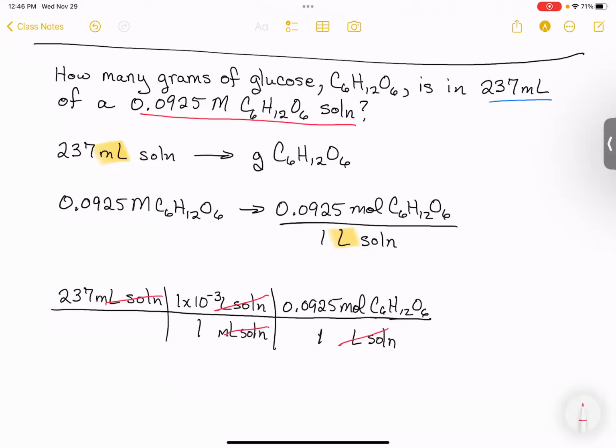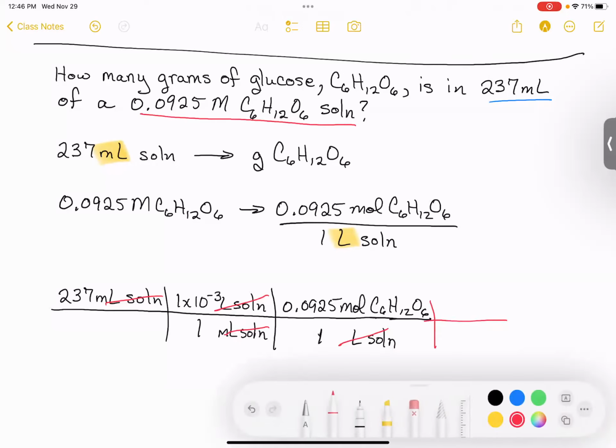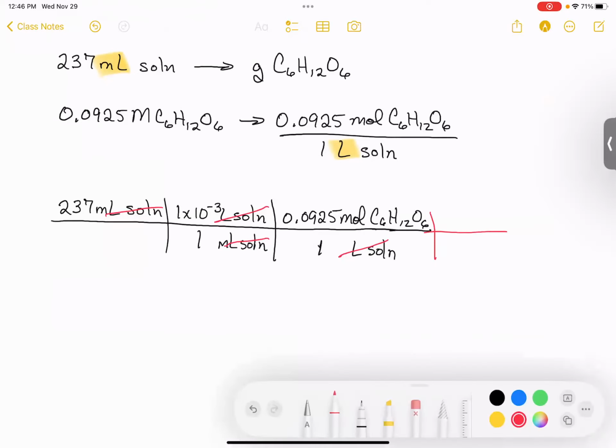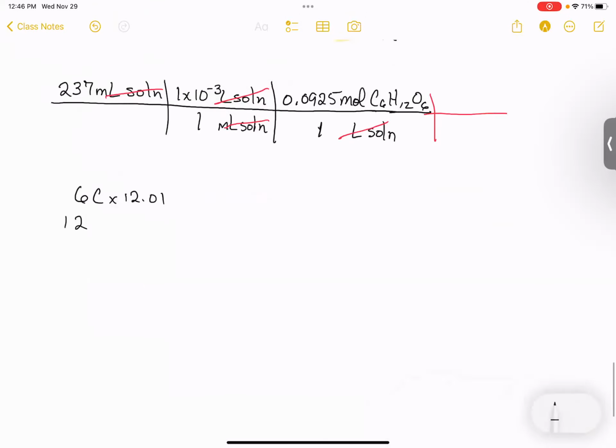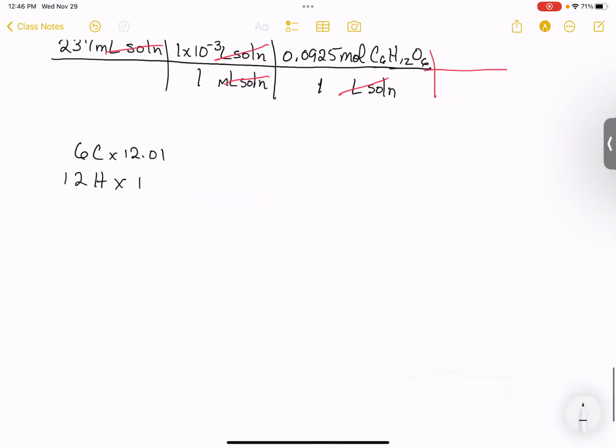How do you convert moles into mass? The molar mass. There is 6 carbons times 12.01. There is 12 hydrogens times 1.008. And there are 6 oxygens times 16.00. Which will come out to be 180 something.